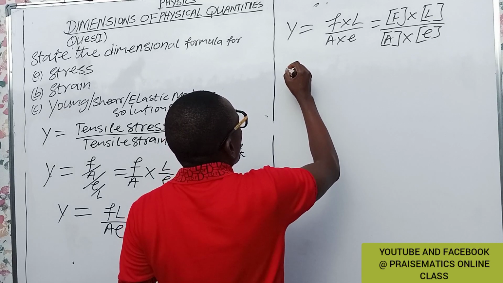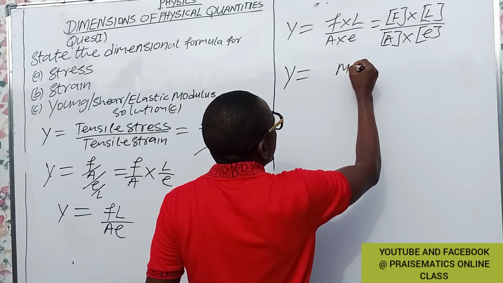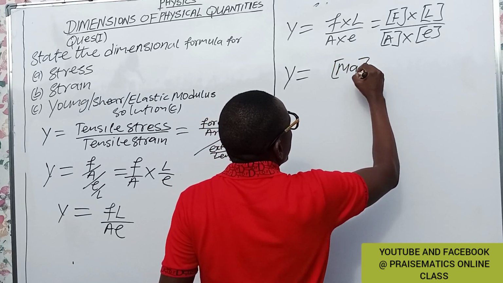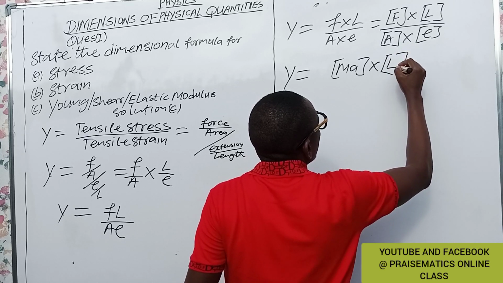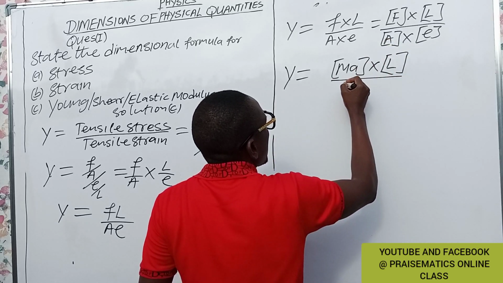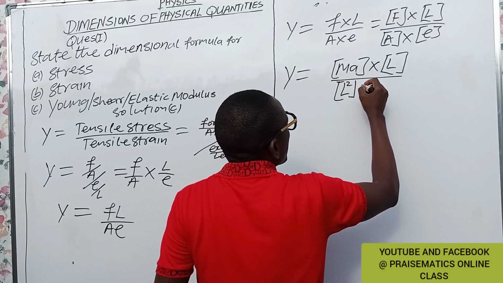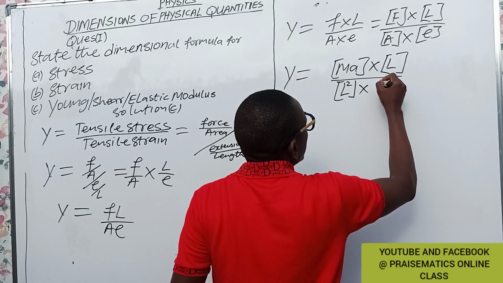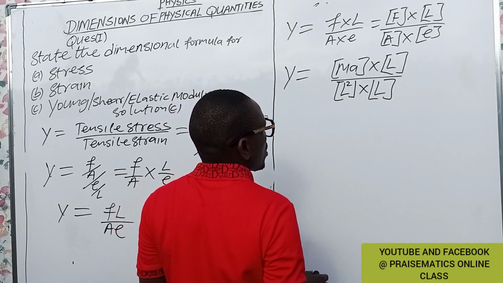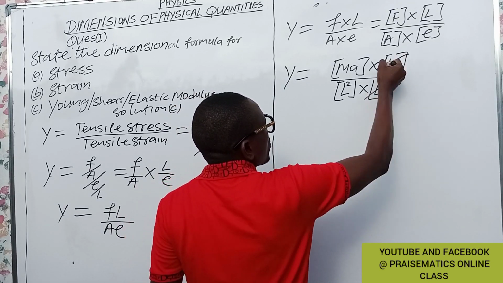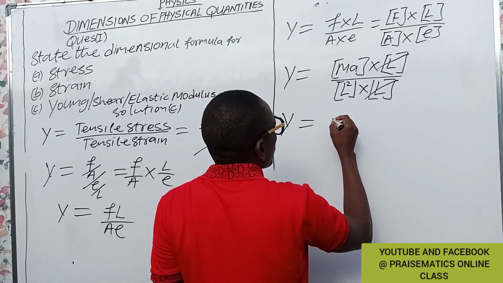Force is the same thing as saying MA, multiplied by L, all over area, which is length times length, L square, multiplied by extension, which is L. Mathematically, you can agree with me that this one will cancel out.